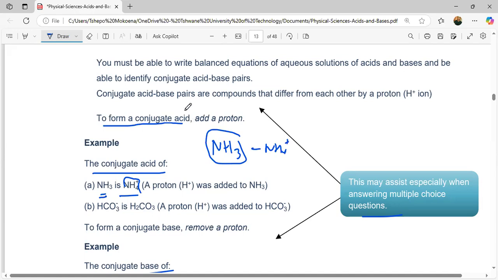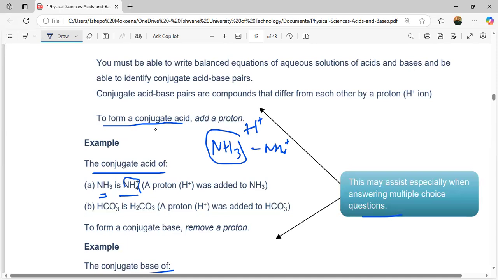If they want the conjugate acid, just know that this thing is a base. They are looking for the conjugate acid of a base. So when you are looking for a conjugate acid of a base, what you're going to do is add a proton.